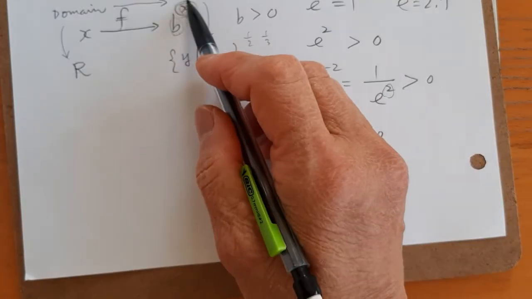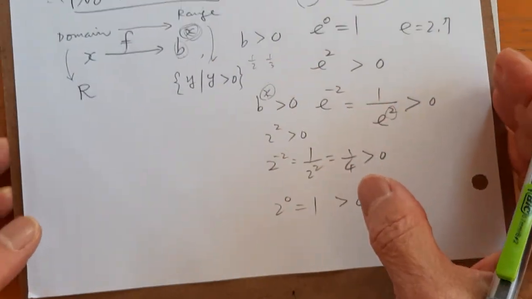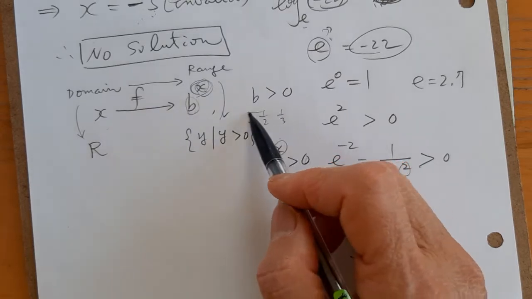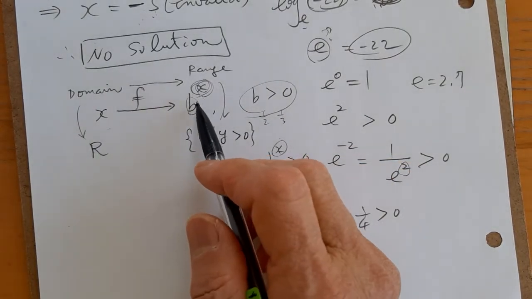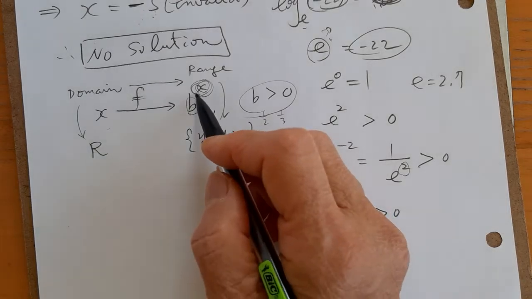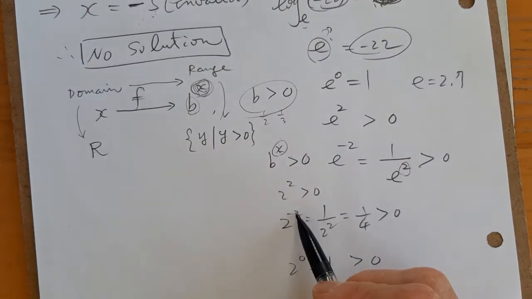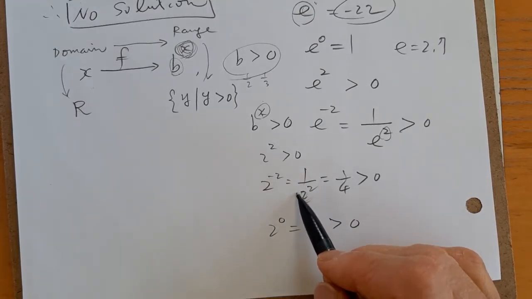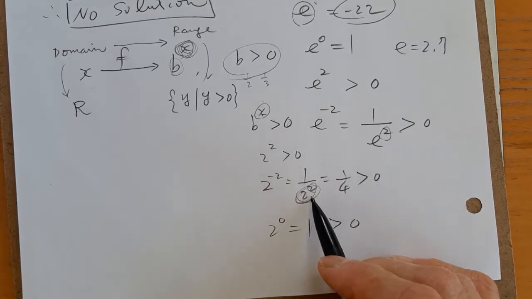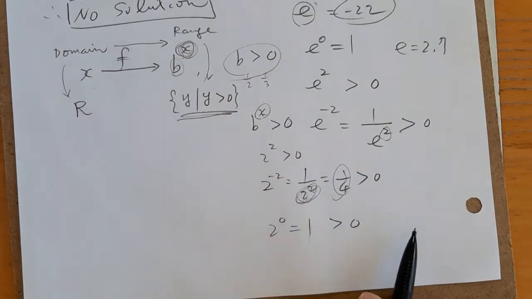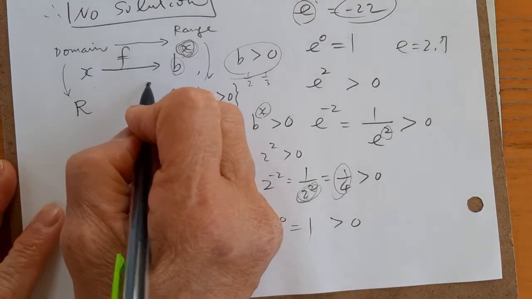So no matter what real number x is: if x is positive, b to the power x is positive because the base is positive; if x is 0, it is 1; if x is negative, you bring it down to the denominator and it becomes a positive exponent, so it is positive. So the range is positive. It's an inverse function.